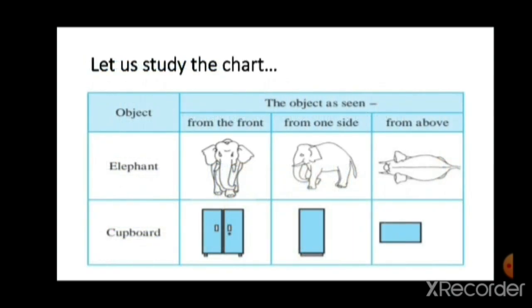See, I have shown here one chart. See it very carefully. This chart shows how three-dimensional objects appear when seen from the front, from the side and from above. They have shown you two objects.